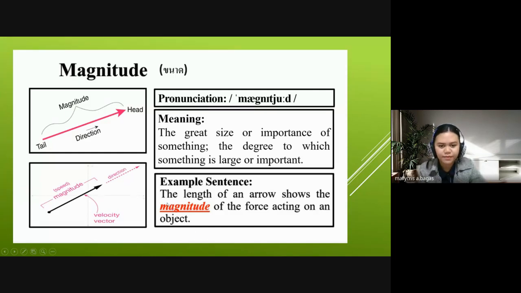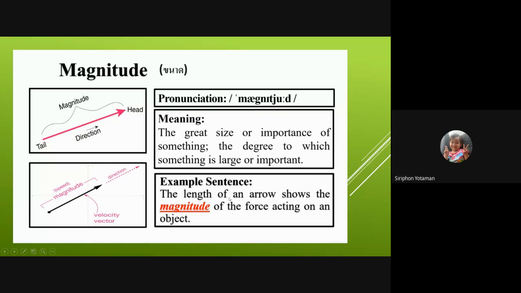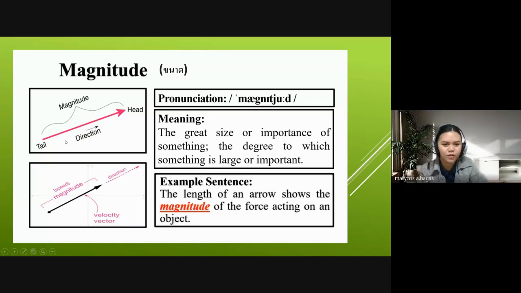Look at this arrow: this is the tail, this is the direction, the head. So the longer the arrow, the higher the magnitude of the force.